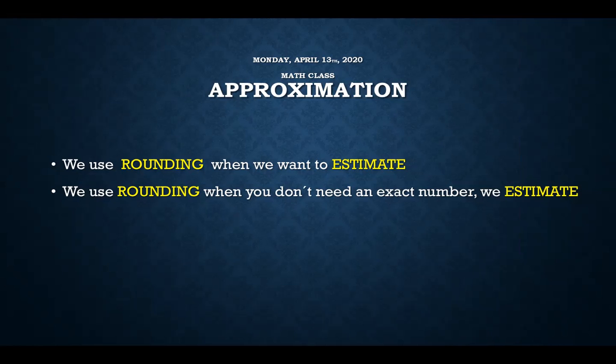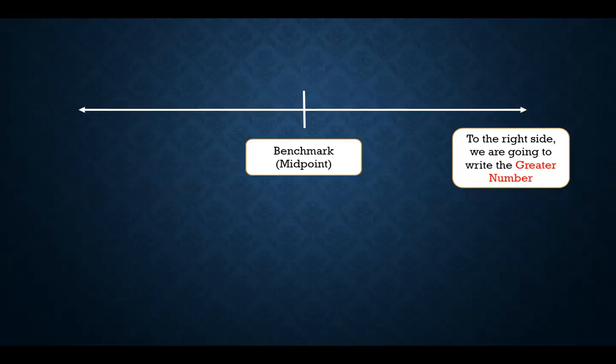Okay, guys, let's continue. Then we are going to work on this. We are going to use something like this line that you see, because when we manage this better, you can do it quickly and mentally, but it depends if you need to do it to the nearest 100 or nearest 10.